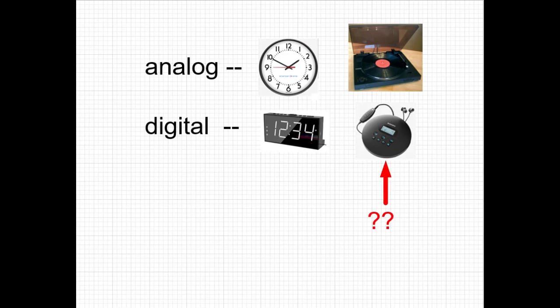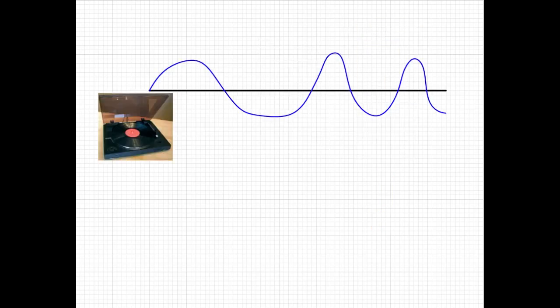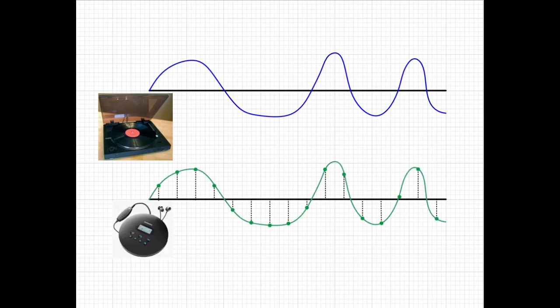But what about a CD player? The disc is spinning continuously, just like a vinyl record. If we could see the signal created by the phonograph needle, like we could with an oscilloscope, it might look something like this. To create a digital version of this, we sample the amplitude of the signal at periodic intervals.